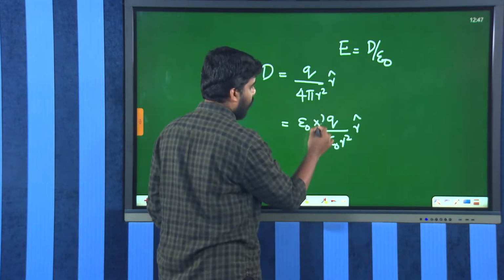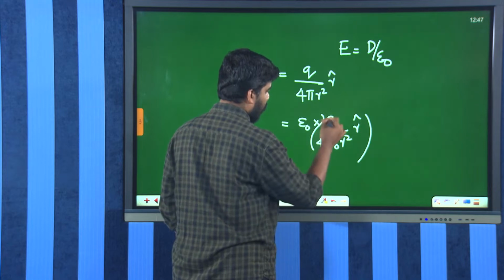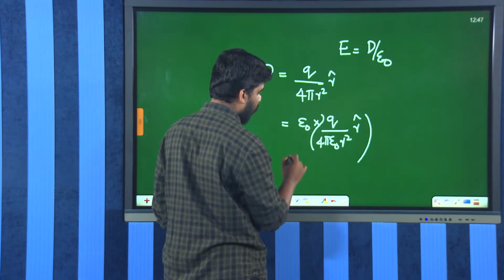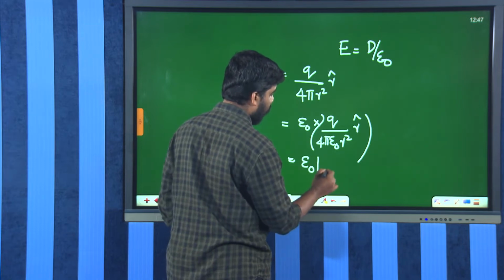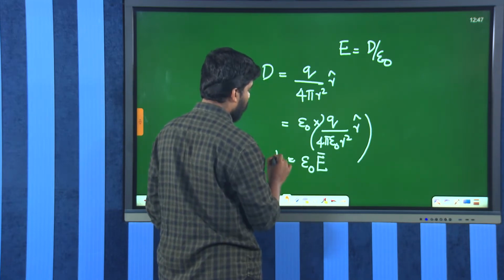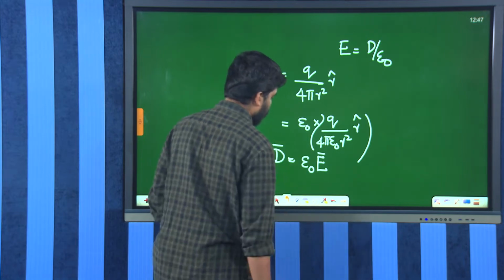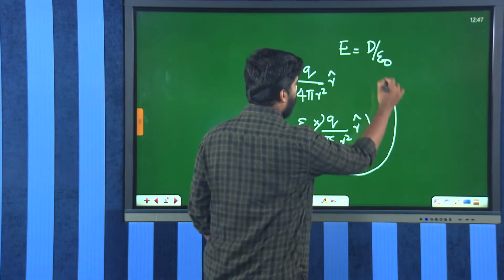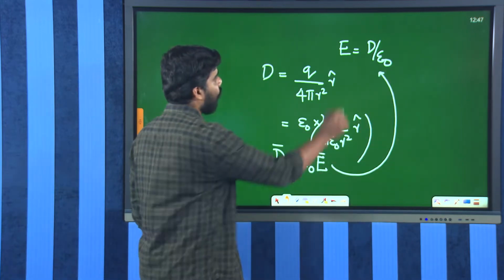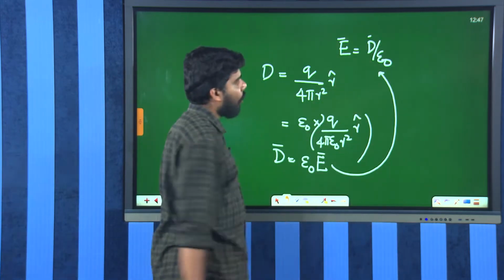And we know from our earlier equations that Q by 4 pi epsilon 0 r square into r cap is nothing but E, so epsilon 0 times E is the electric displacement D. So, from this equation I can obtain E is equal to D by epsilon 0.